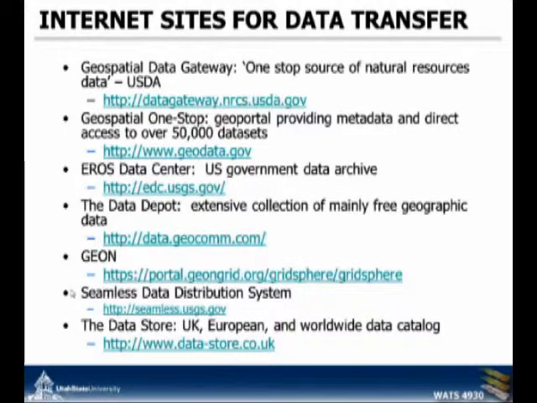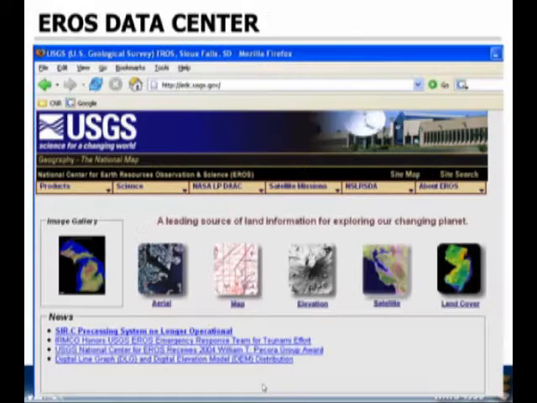USDA's Geospatial Data Gateway is one that we'll probably use later this semester. And then we've got things like the Aeros Data Center. How many of you have used this one from the USGS? A couple of you? What do you think of it? Very frustrating. Super cumbersome, hard to find the data in the format you want, hard to search.